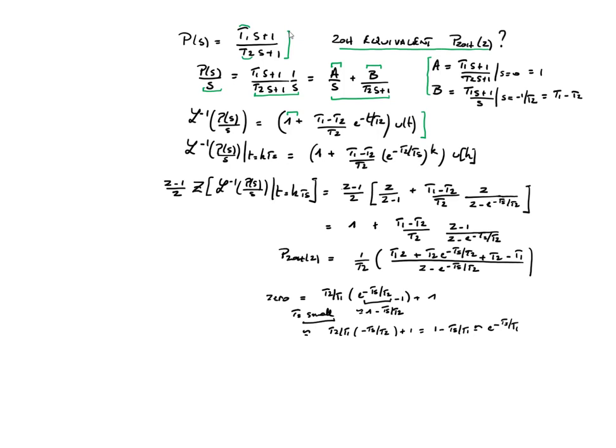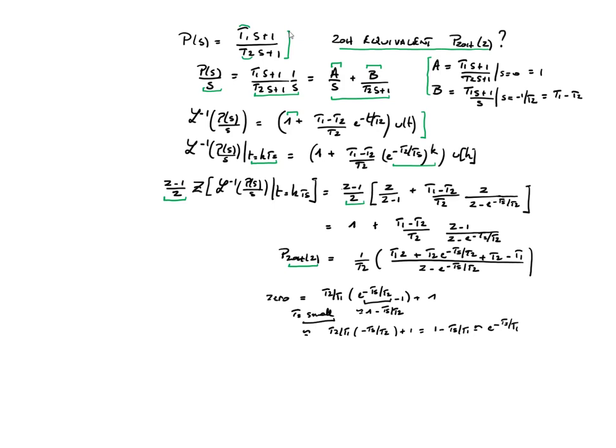So what we do now is sample the signal. We simply replace t by kTS, and we rewrite it a bit so that we are able to take z transforms. To obtain the ZOH equivalent, we have to take the z transform and multiply by z minus 1 over z. So the z minus 1 over z is over here.